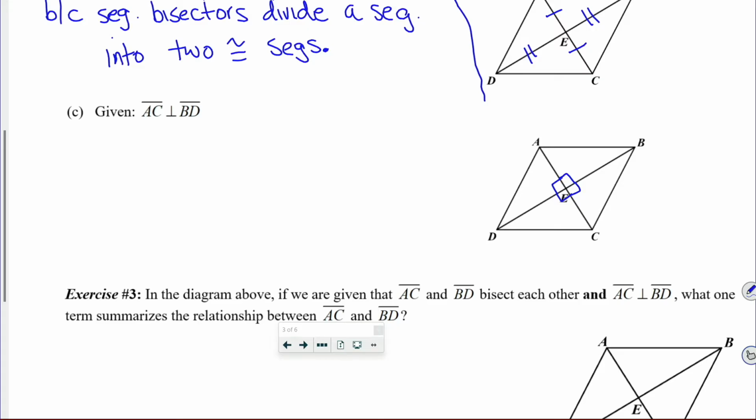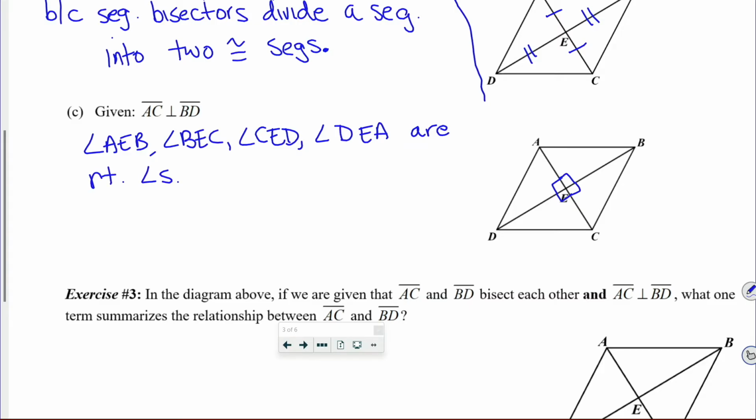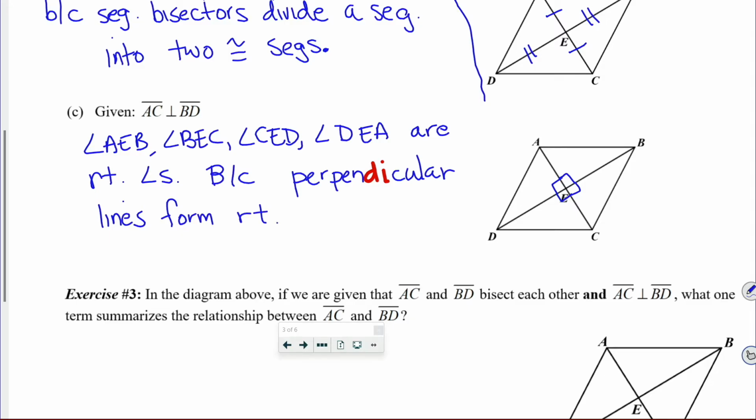So I could say angle AEB, angle BEC, angle CED, and angle DEA are right angles because perpendicular lines form right angles.